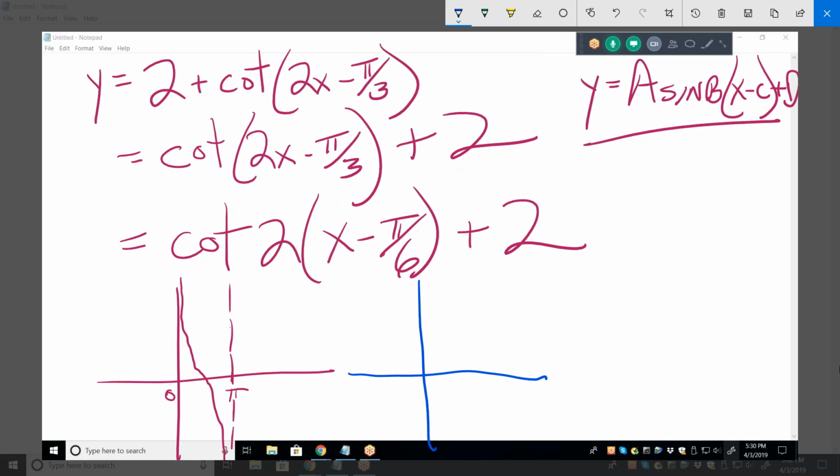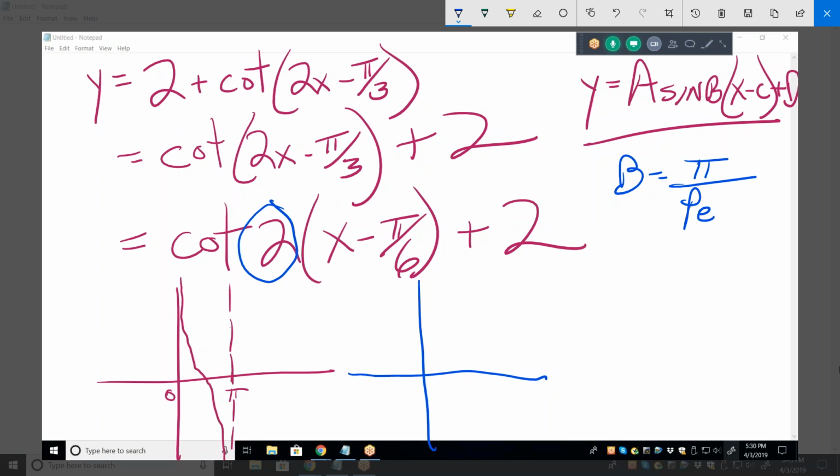Okay. Now, in blue, let's deal with this 2. What does that 2 do? That's b. What's b equal to with tangent and cotangent? It's actually different than sine and cosine. With tangent and cotangent, the natural period is pi.